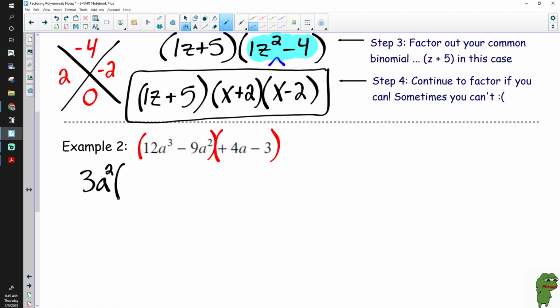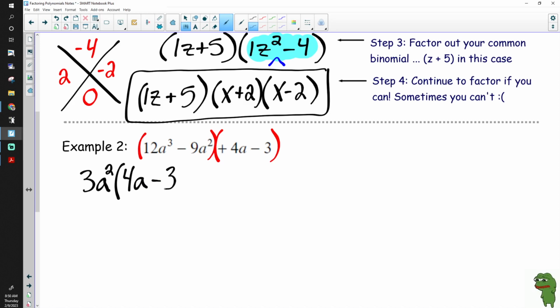Okay, we have to figure out what's going to be left over. 12 divided by 3 is 4. I had a to the third. I'm taking out an a to the second. So I'm left with just a. Bring down the minus. 9 divided by 3 is 3.